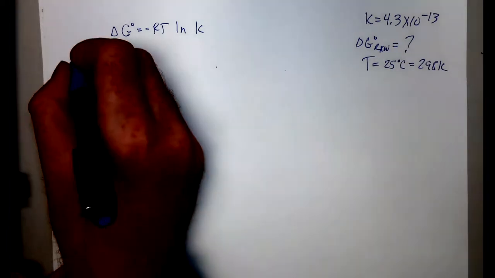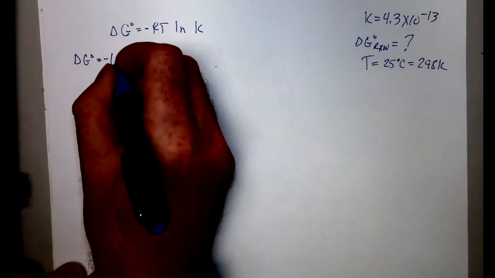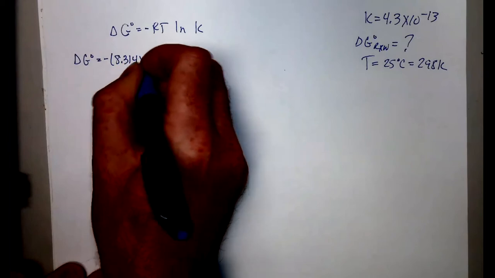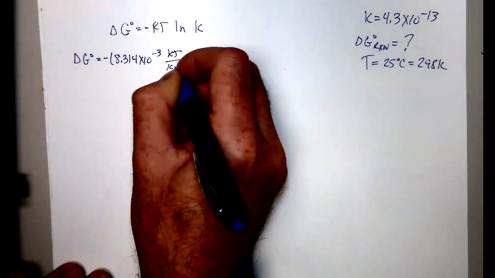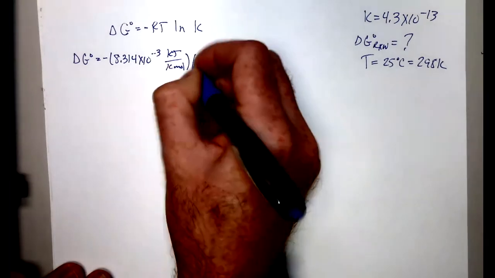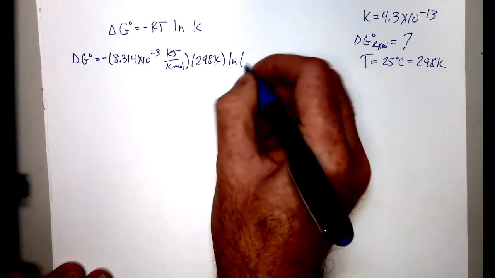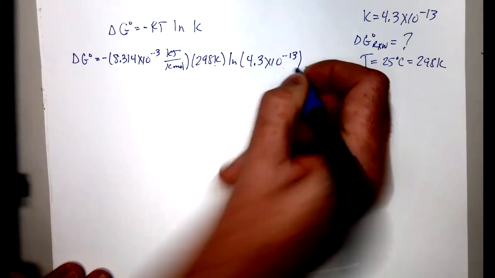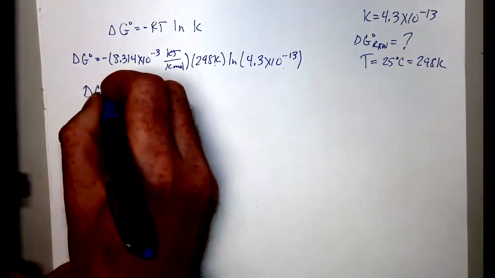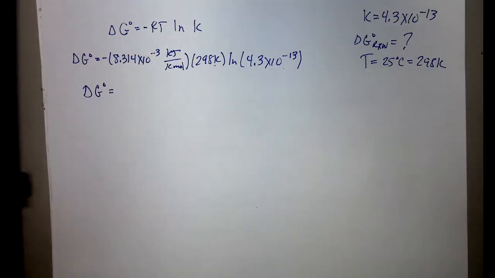So delta G standard is equal to negative 8.314 times 10 to the negative third kilojoules per Kelvin mole, times 298 Kelvin, times the natural log of our equilibrium constant, 4.3 times 10 to the negative 13th. Then you just have to run that through. And so we end up being able to estimate the delta G based on the equilibrium constant and vice versa.